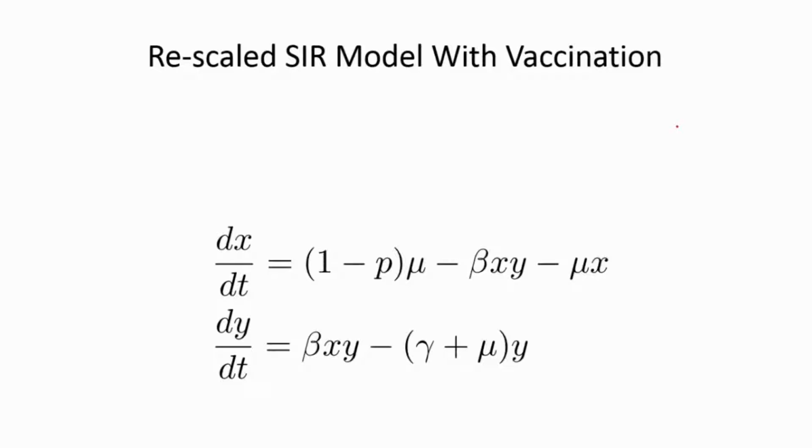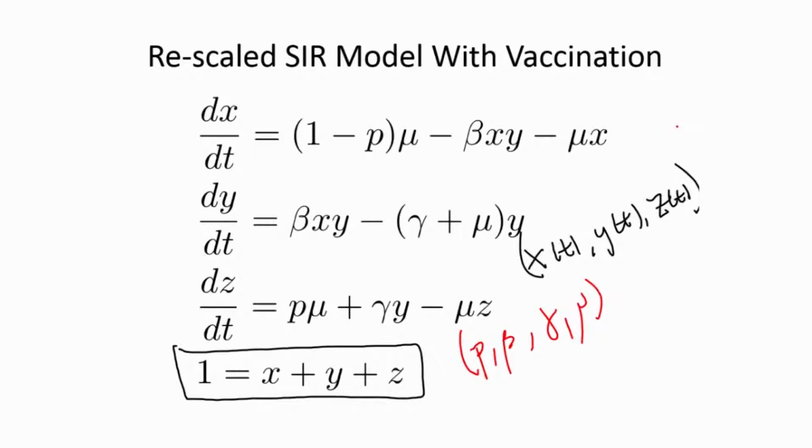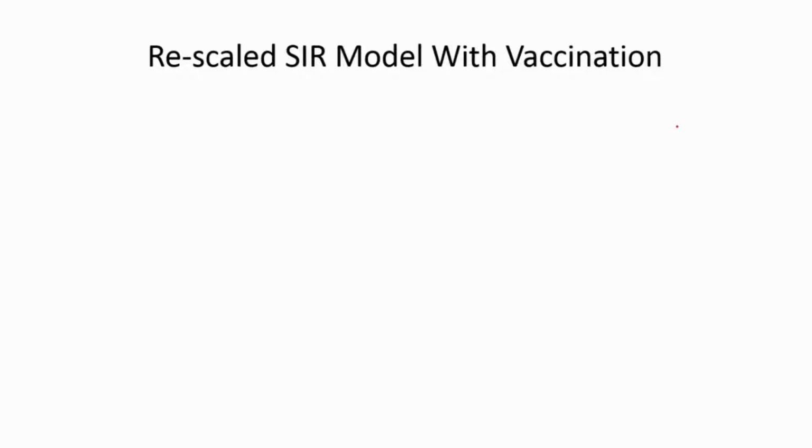Now, one thing to observe here is that from this model, we have that 1 equals x plus y plus z. This implies that you could solve for one of these variables in terms of the other variables. So if I solve for z, for example, I can have that z equals 1 minus x minus y.